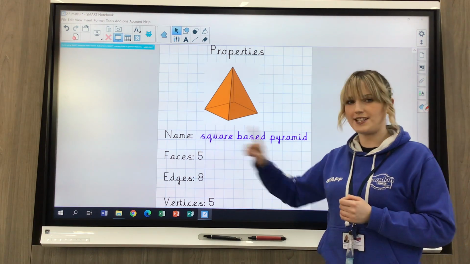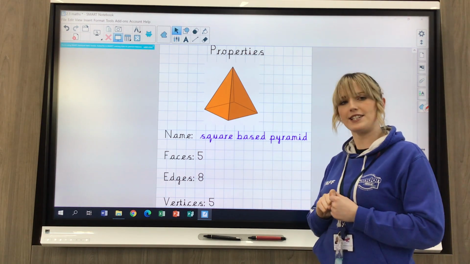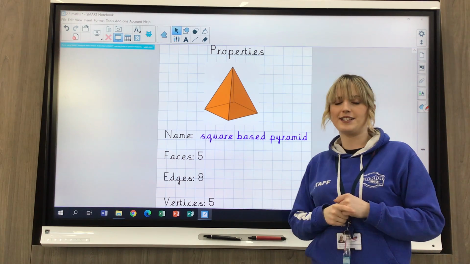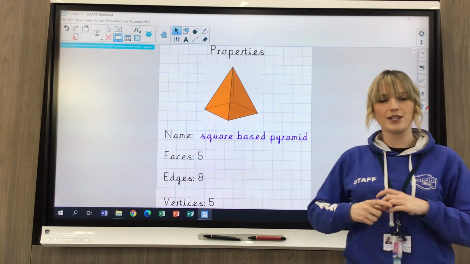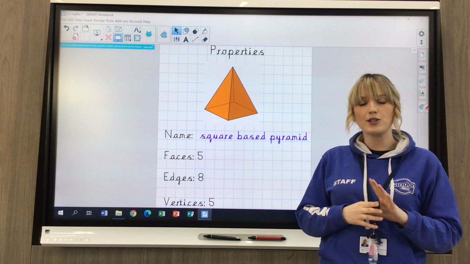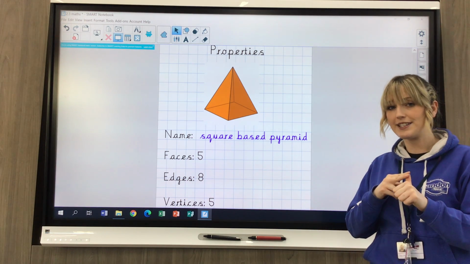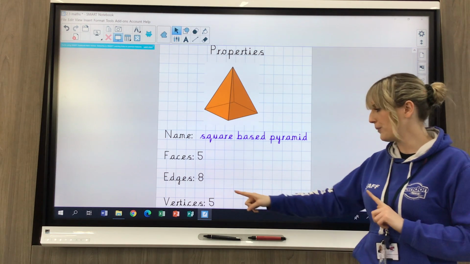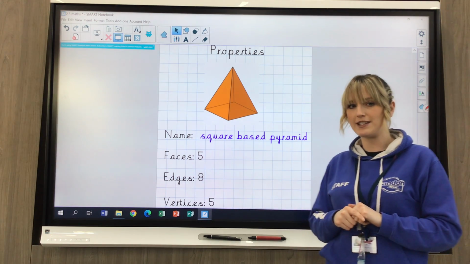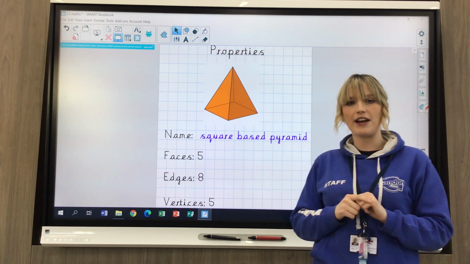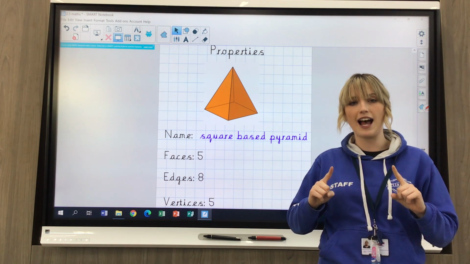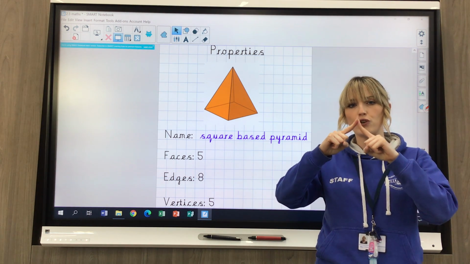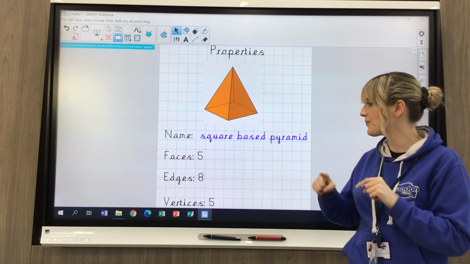So we've got faces, edges and vertices. So yesterday we looked at 2D shapes and we talked about how many sides they had and how many vertices they had. So we already know what vertices means. So yesterday we said that vertices are where the sides meet to form a point or a corner.